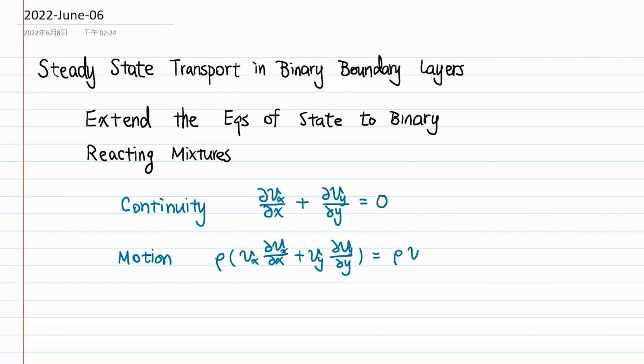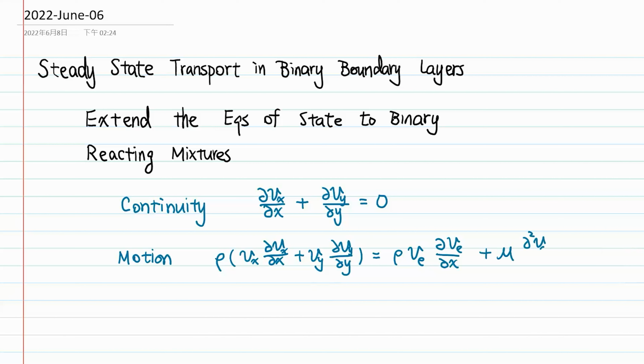rho times VE. So again, this is already looking at what's happening in the boundary layer. So we have transformed the pressure term using the potential flow velocity. And we have the viscous terms in the boundary layer.